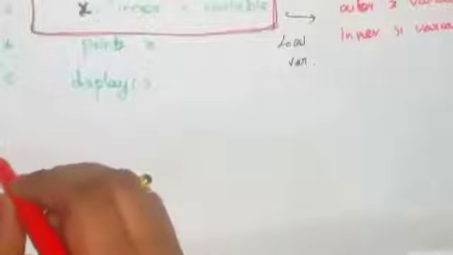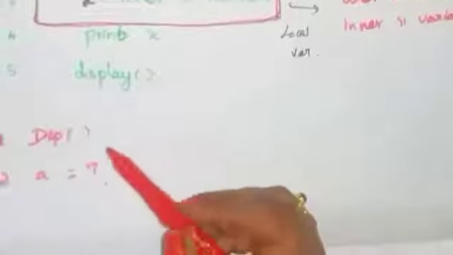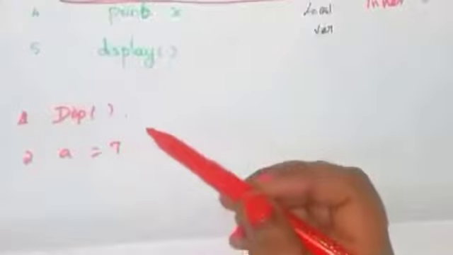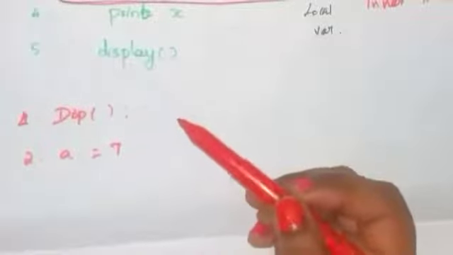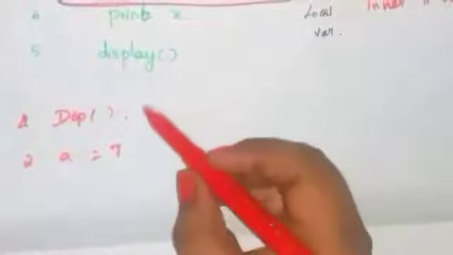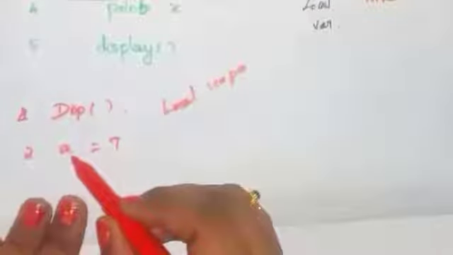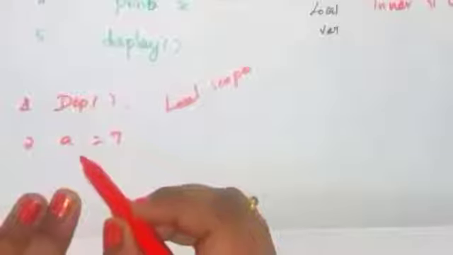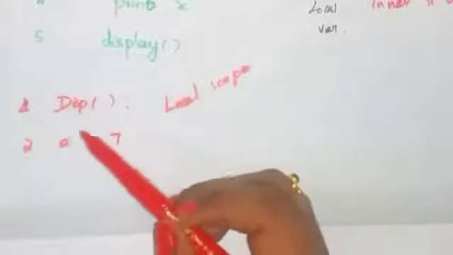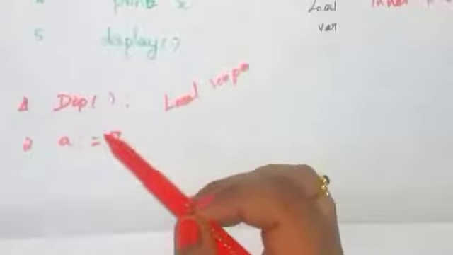Let's write another example. This is the display function. The variable defined within the function is called which type of scope? Local scope. So here this a is called a local variable. The lifetime of this variable a is only within this function.